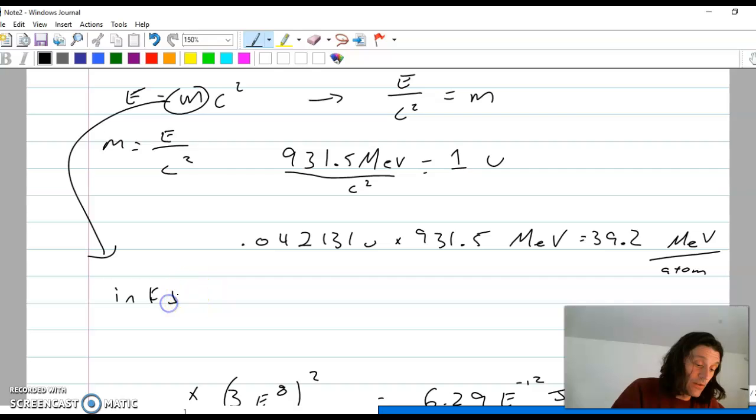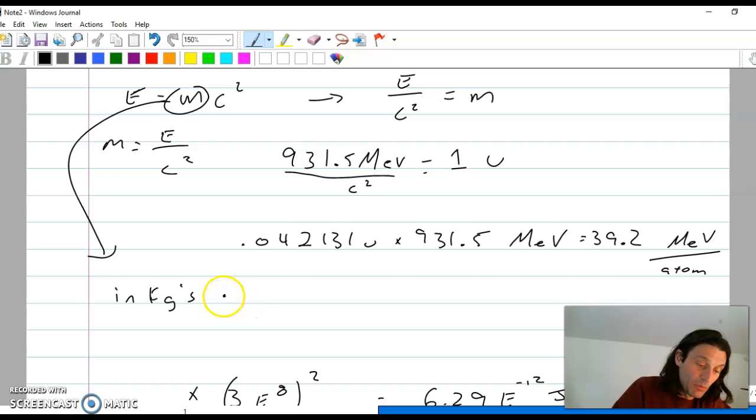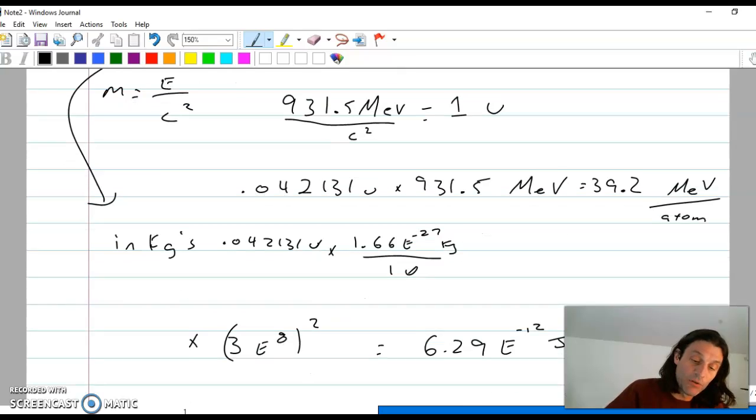If I'm going to do this in joules, I'm going to turn it into kgs. So I'm going to take 0.042131 U's, and I'm going to say that's 1.66 E negative 27 kilograms for every 1 U. So that cancels, and I'm going to get a number in kilograms now.